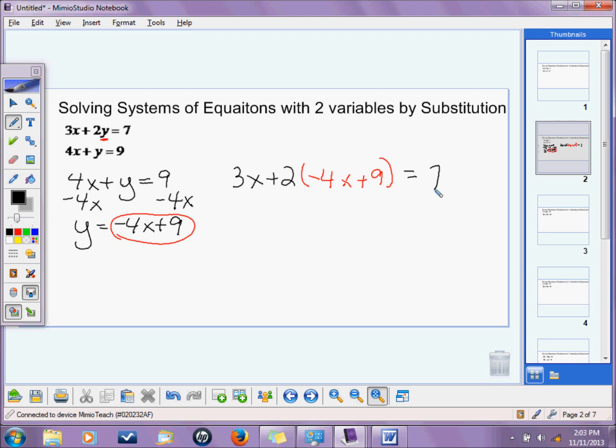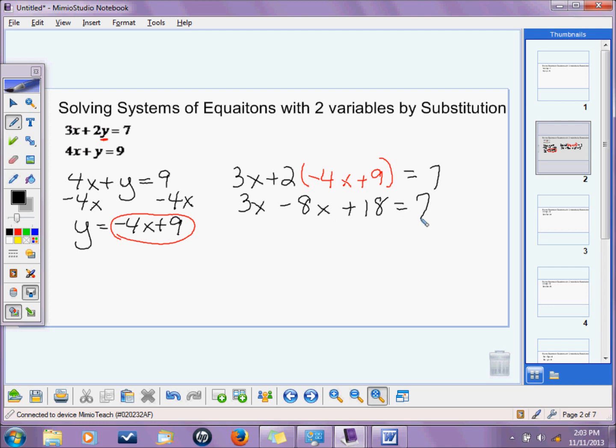Now, after this, it's just a regular algebra problem that you're used to solving. We have to do what first? Distribute. So we get 3x minus 8x plus 18 equals 7. Then we combine like terms.